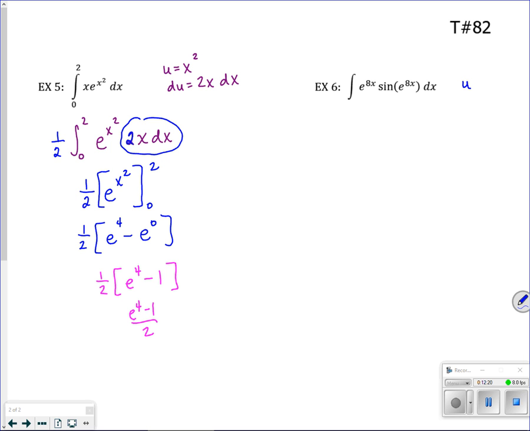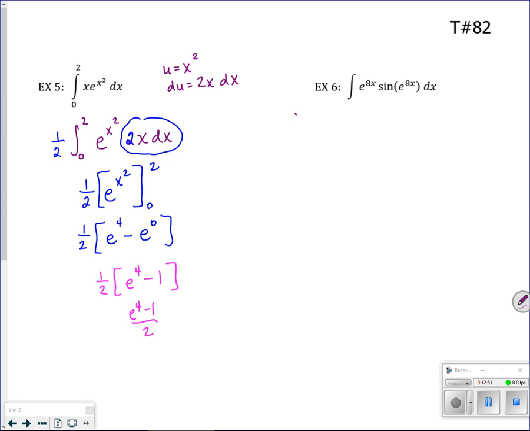If your u was 8x, because you think, oh, it's the exponent, then du would be 8 dx. If you start changing this to u's, and dx would be du over 8, I'm like, do you see it? You're like, well, kind of ish. I mean, that still looks complicated. But if you think of it this way, you're like, wait a minute.